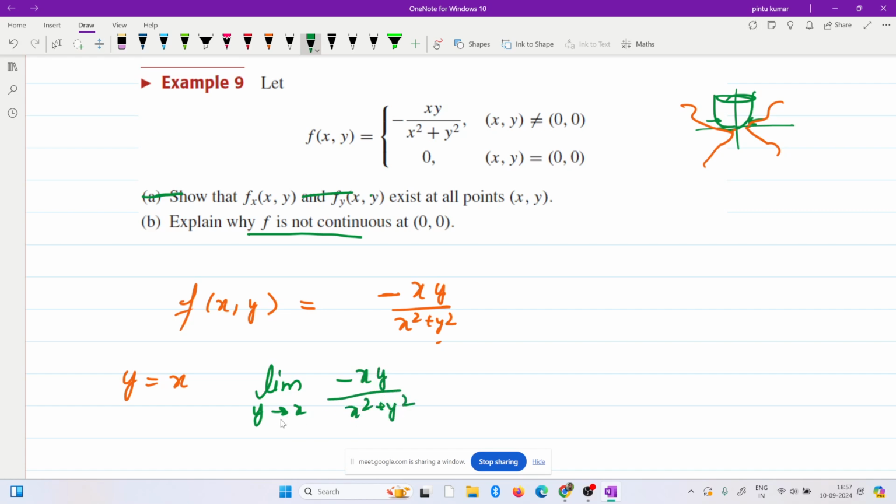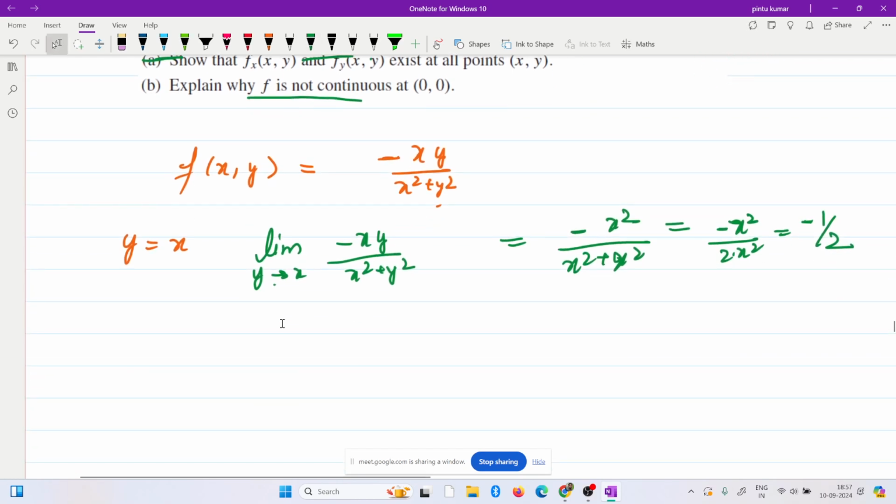If I replace y with x, the denominator is not 0, so we are good and can just replace these values. We will get minus x squared divided by x squared plus x squared. This is minus x squared by 2x squared, which is minus 1 by 2.